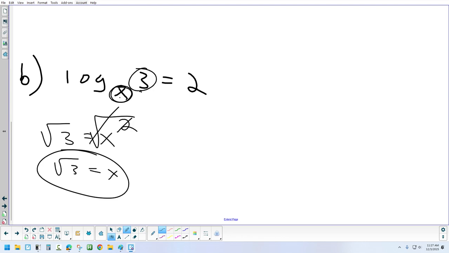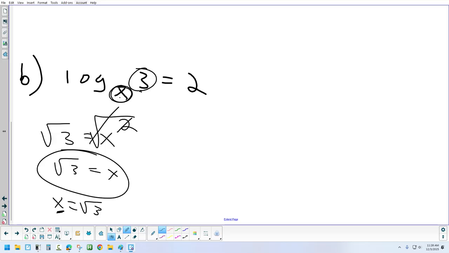Yes. Why'd you flip the 3 and the 2? Why did I flip? Oh, you mean instead of writing it this way? No, I mean the equation. Instead of doing x squared equals 3. Yes, instead of having the letter on the left. No, I mean in the original equation, because if you were to put that in exponential, wouldn't it be x to the second equals 3?